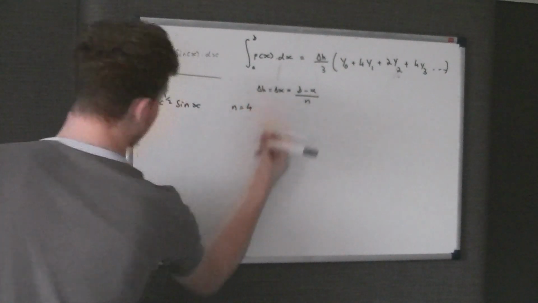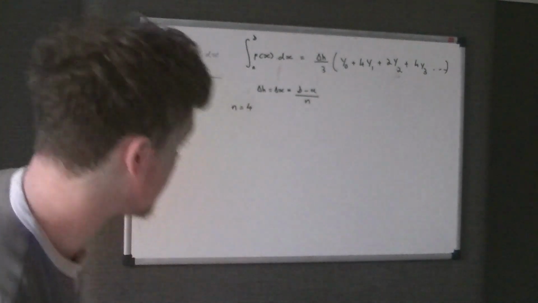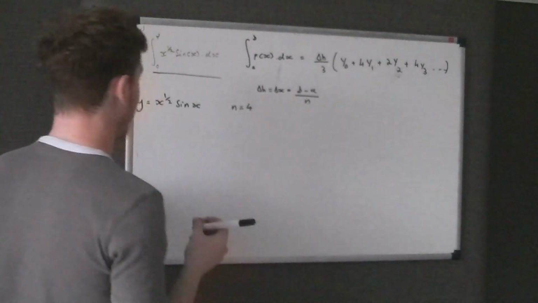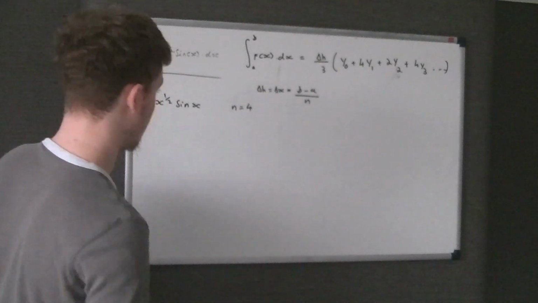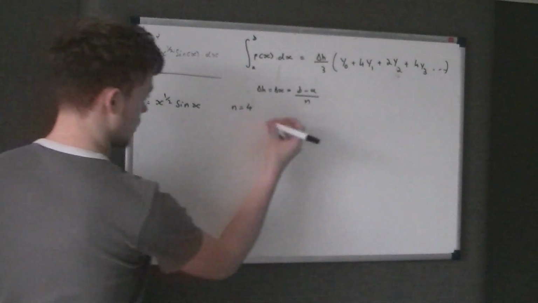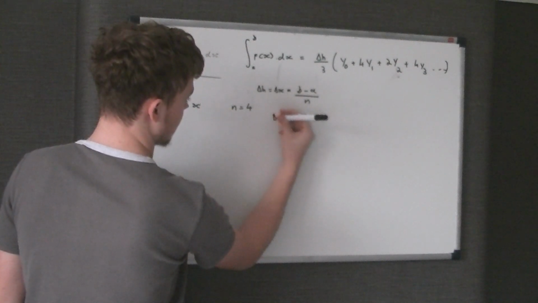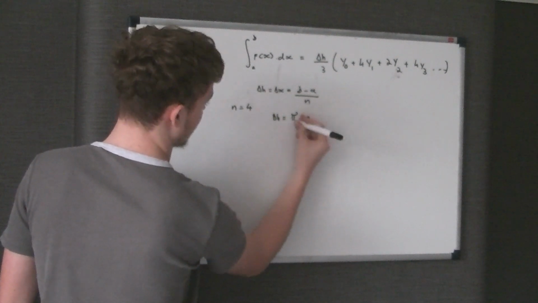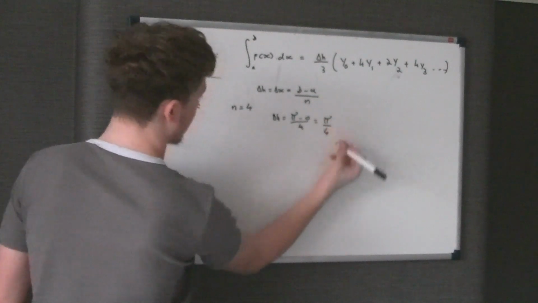If there are 4 strips, our limits are 0 and pi, so we need to work out h, the step. If we know n is 4 and we know b and a, delta h, or delta x, is pi take 0 over 4, so just pi on 4. So each jump is going to be pi on 4.